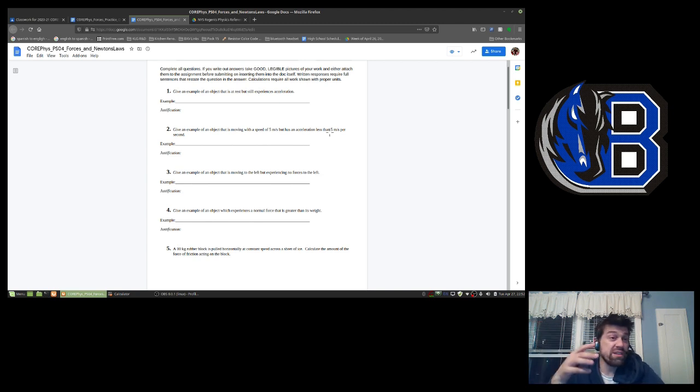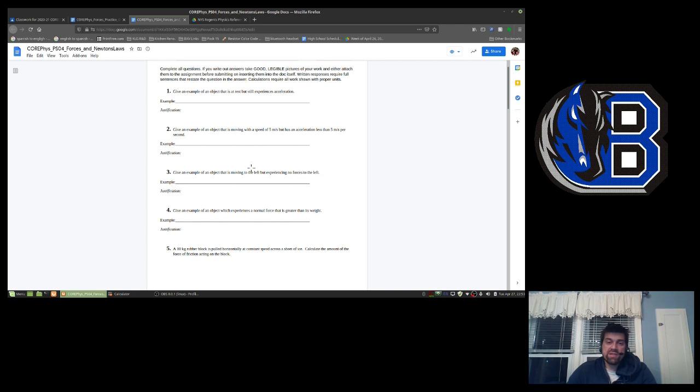But I can move to the left while accelerating to the right. I'll just be slowing down. I could move up while accelerating up. I'm just speeding upwards. If I'm moving at a constant speed, I might have a constant speed of 5 meters per second, but if the velocity is not changing, acceleration is 0. So I saw a lot of that in the ones I've graded so far.